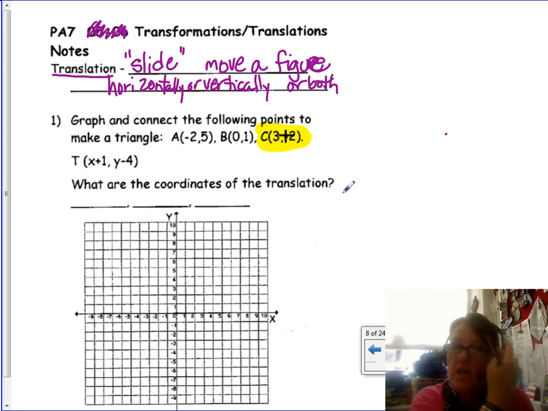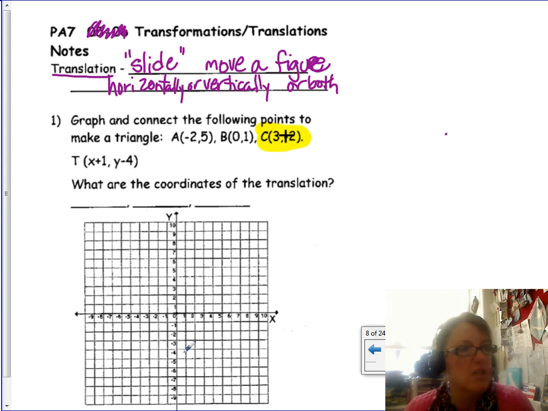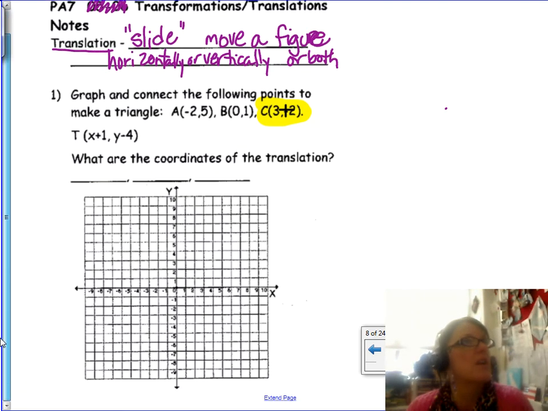All right, you have 4 examples on your pre-printed note sheet, and that's what I would like to concentrate on now. It says graph and connect the following points to make a triangle. Point A is at (-2, 5). Get that graphed and labeled A. Point B is at (0, 1), right above the origin.